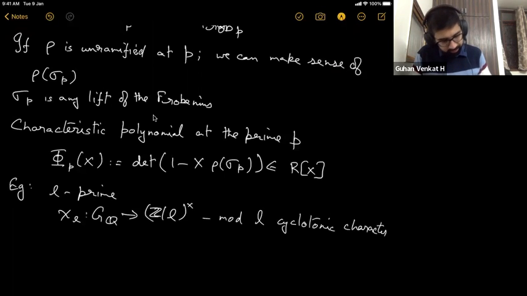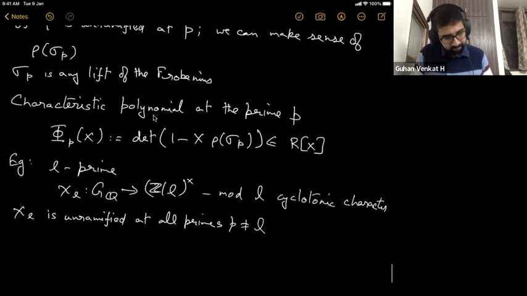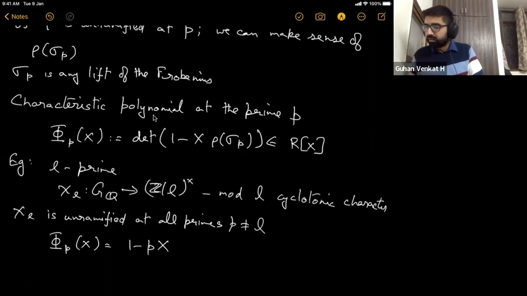What we know is that χ_ℓ, as a Galois representation, is unramified at all primes other than ℓ. So you can make sense of the characteristic polynomial at all such primes. The characteristic polynomial will actually be given as 1 minus px.